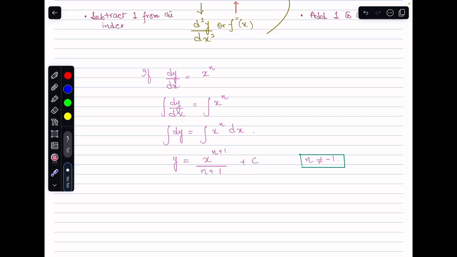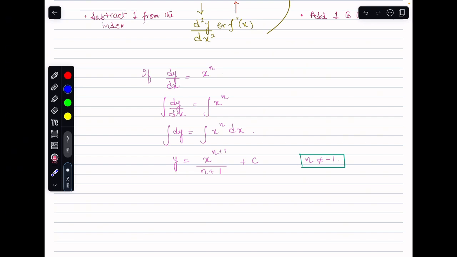So this is how integration gets done, provided that our power should not be equal to -1, because -1 plus 1 shall give us a 0 here, and any number divided by 0 is undefined. We do not want our equation to be undefined. So integration is possible for these cases, so that our n is not equal to -1.